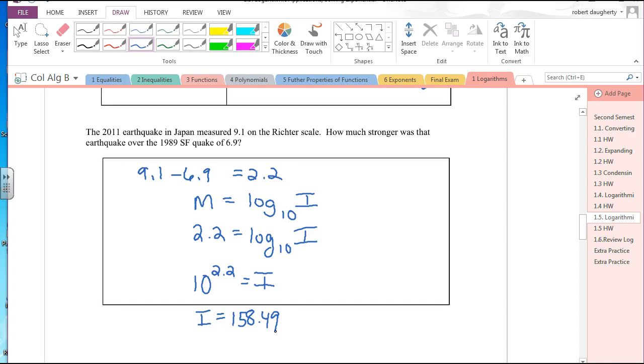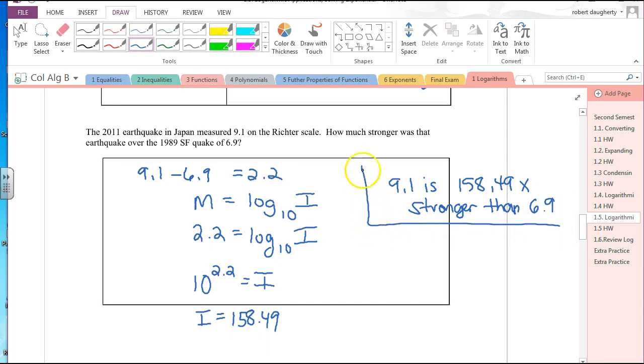No, my answer is the 9.1 is 158.49 times stronger than a 6.9. That's a huge difference, okay?